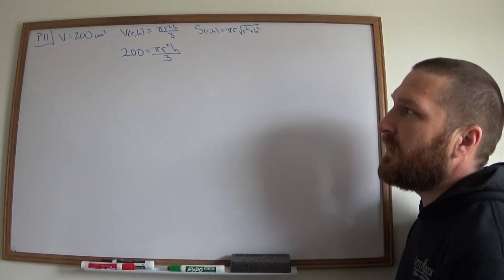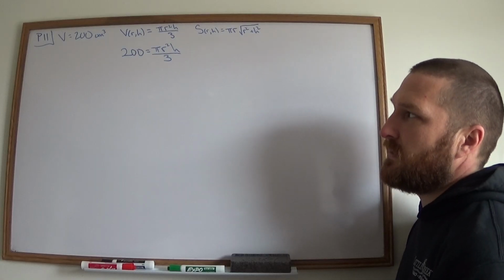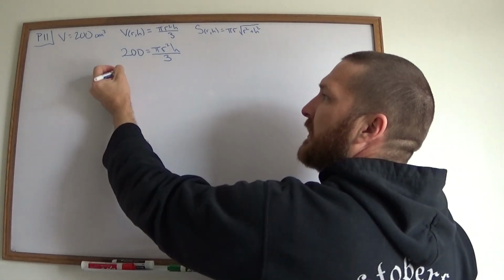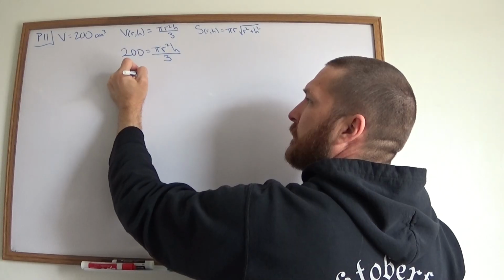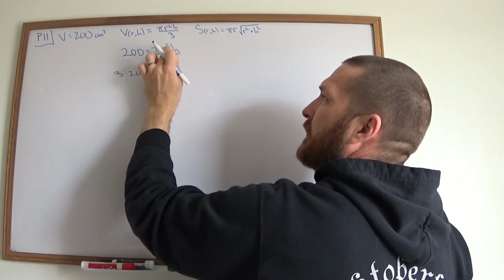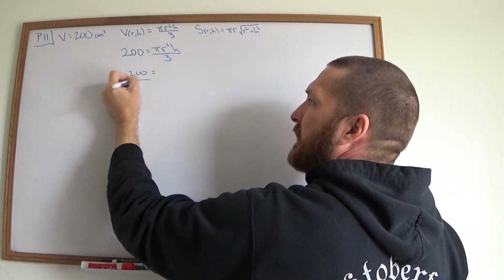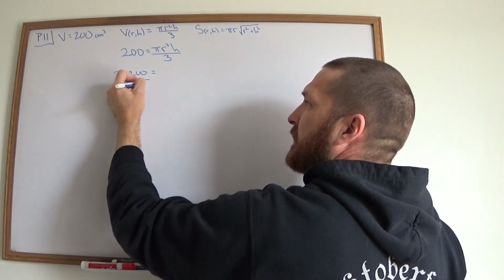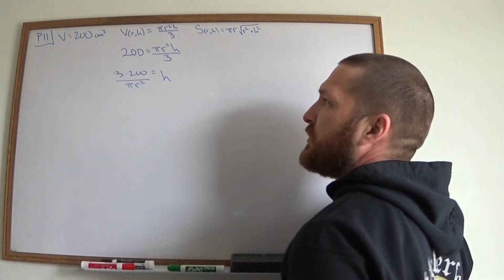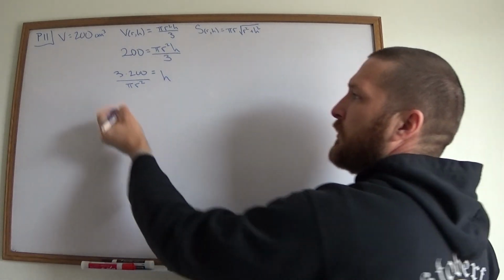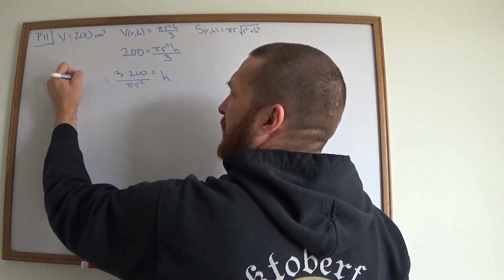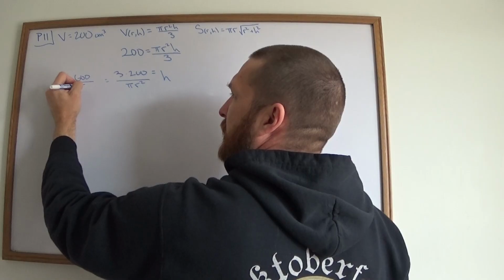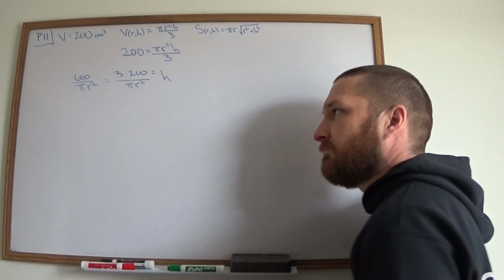Now I think it'll be a lot easier if we get h all by itself. So I'm going to multiply the top by 3. Then I'm going to divide the pi r squared over here to get that h should be equal to, how about 600, make it a little bit nicer, 600 over pi r squared.